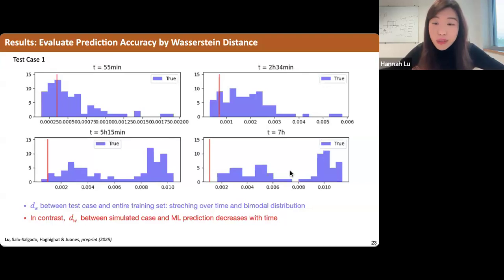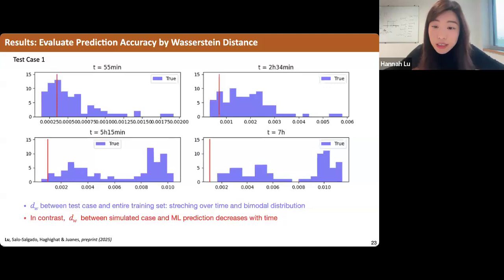So essentially, it shows the diversity of the data set and the complexity of the distribution, especially we can see that bimodal behavior at longer times. This evolution of the similarity measure basically reflects that our test case is not a trivial interpolation from the training data, because it's different from the training data set.